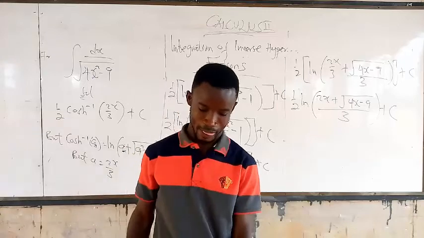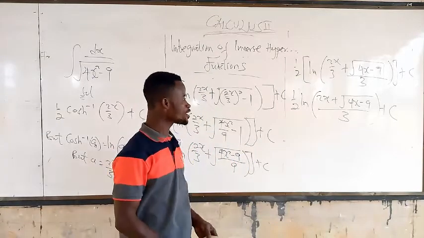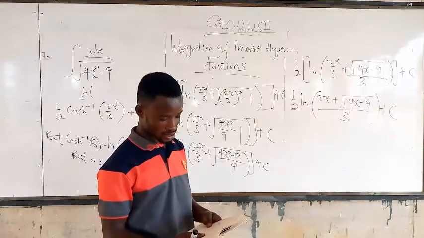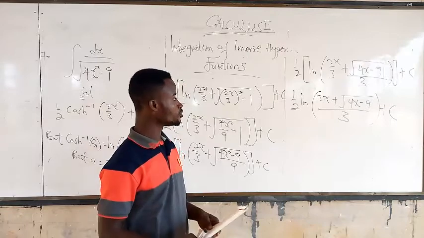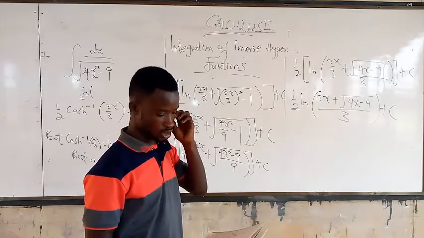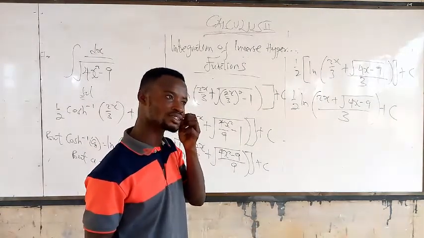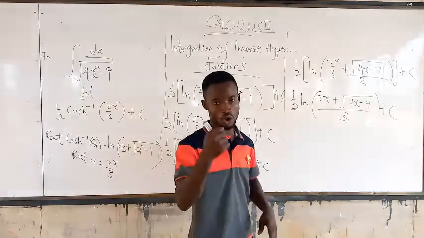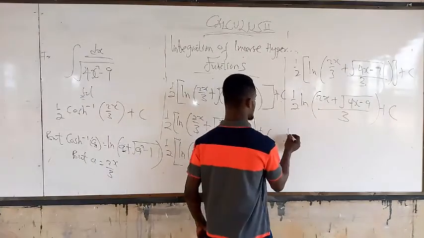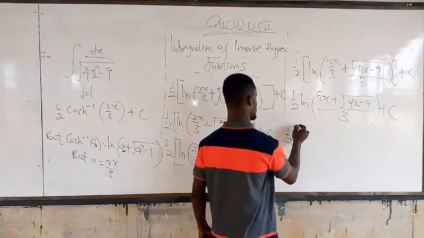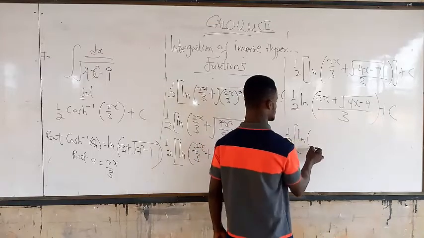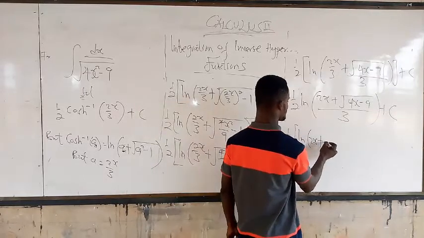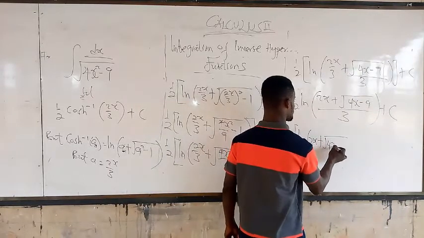Right? And even if you want to still continue, you can still continue with it. Because we know that from our indices, when this is divided, pure algebra, you can get half ln of 2s plus square root of 4s squared minus 9.